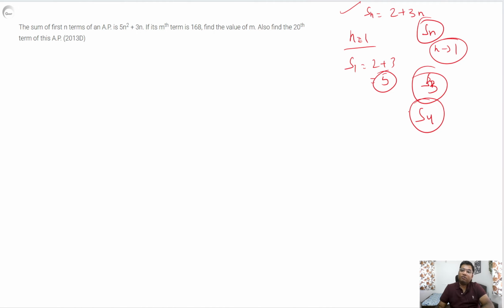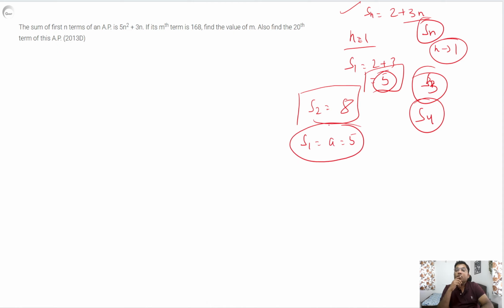So imagine if I have to find S2, what will I get? I'll get the sum of first 2 terms. In this case, it will be 6 plus 2, 8. Now S2 is 8, S1 is 5. So S1 is basically a itself. So we have found that. But do you think S2 gives you the second term?